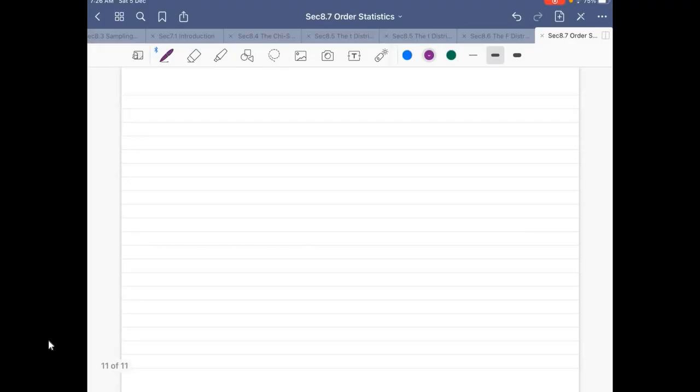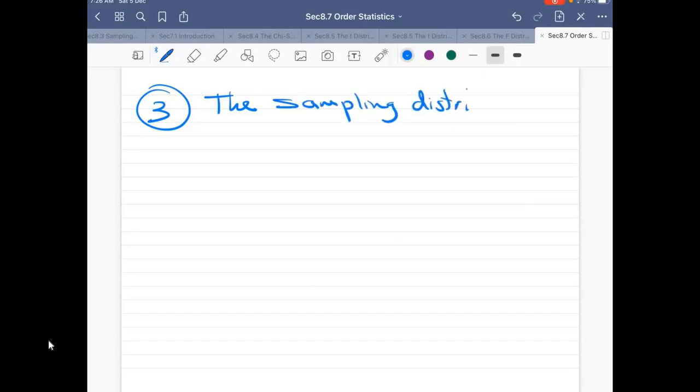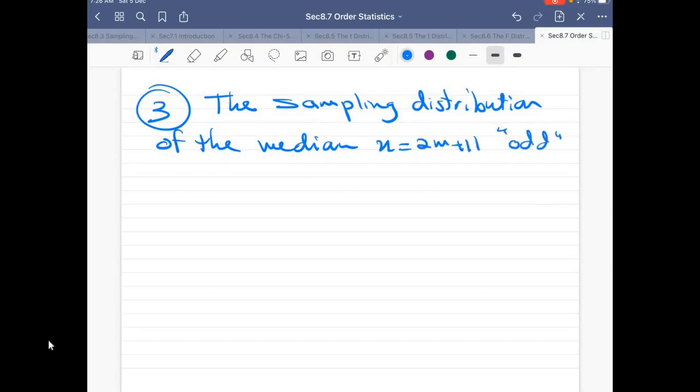Okay, now next we derive the probability density of the median, and then the sampling distribution of the median, in case I have a sample of size 2m plus 1, meaning it is odd.